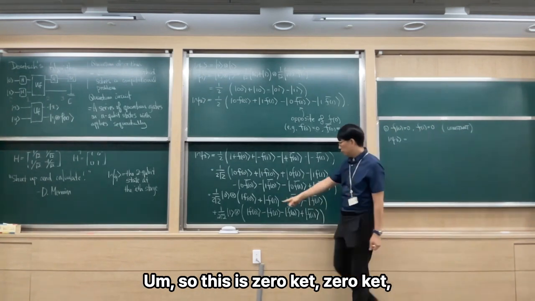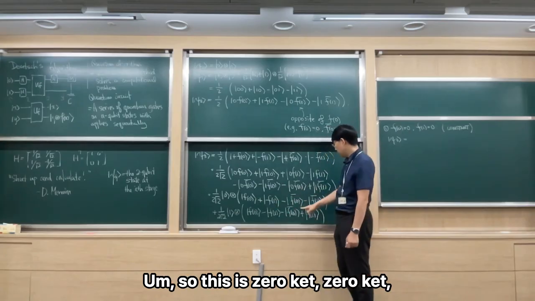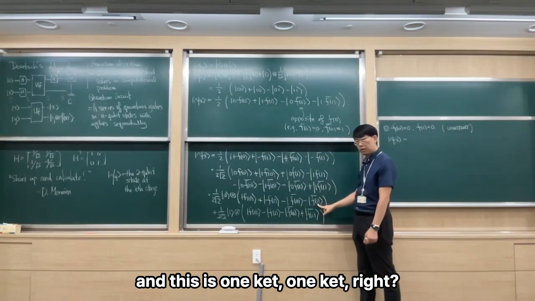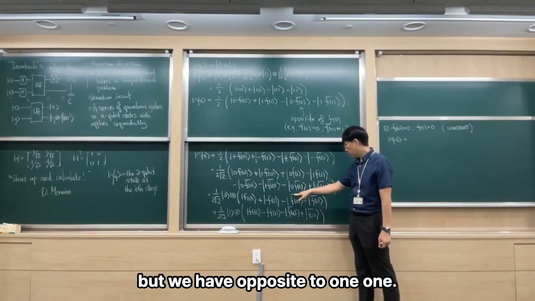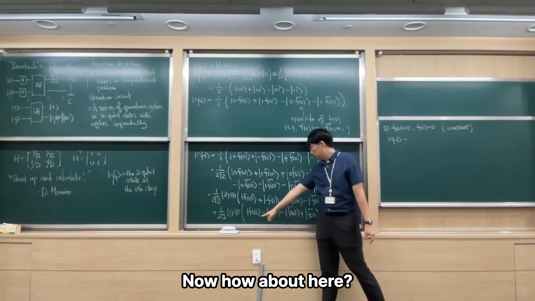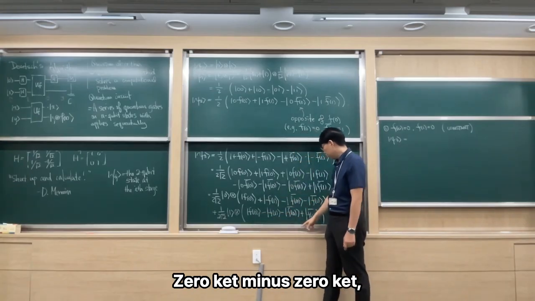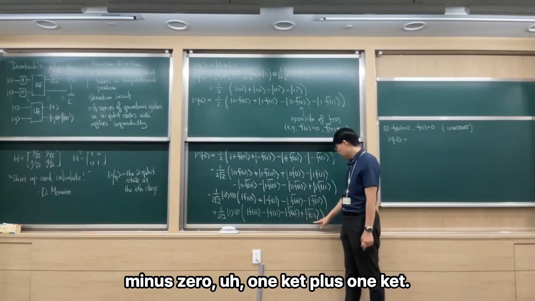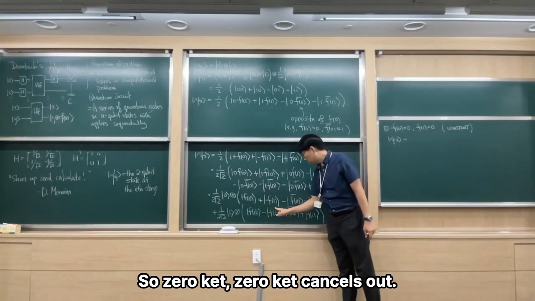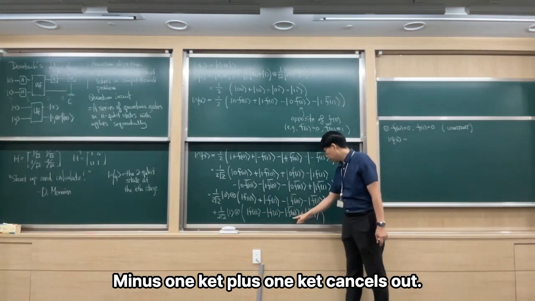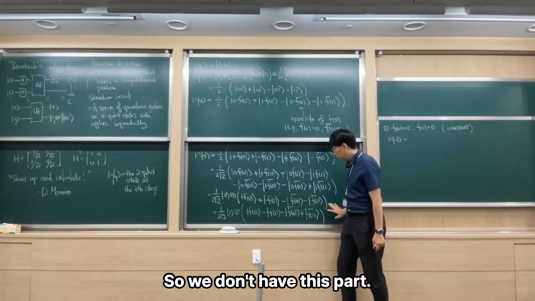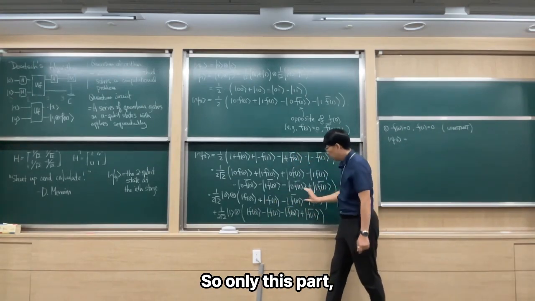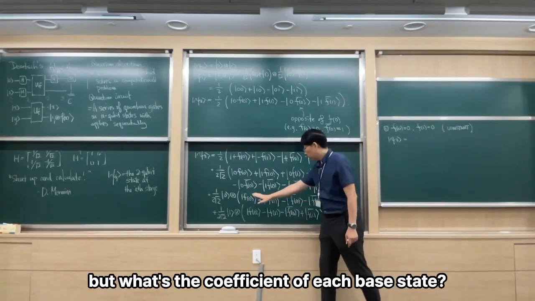So this is |0⟩|0⟩, |0⟩|0⟩, and this is |1⟩|1⟩, |1⟩|1⟩, right? Everything is 0, but we have opposite, so 1, 1. Now how about here? |0⟩|0⟩ minus |0⟩|0⟩, minus |1⟩|0⟩, plus |1⟩|1⟩. So |0⟩|0⟩ cancels out, minus |1⟩ plus |1⟩ cancels out. So we don't have this part, only this part. But what's the coefficient of each basis state?